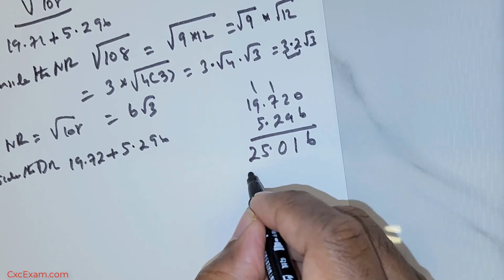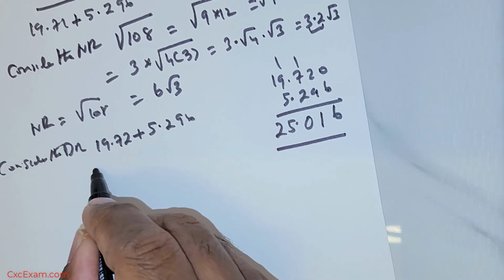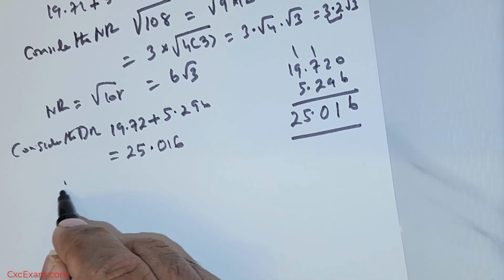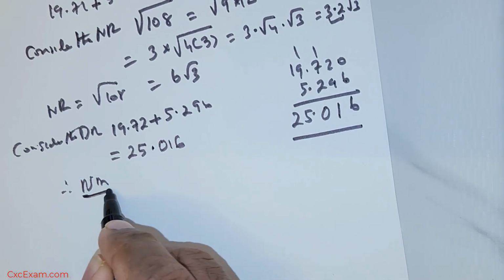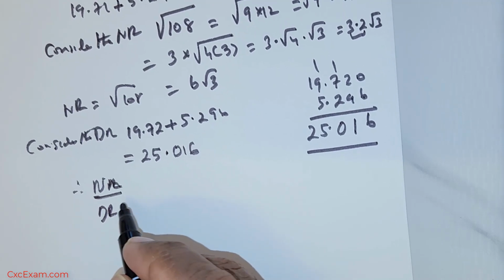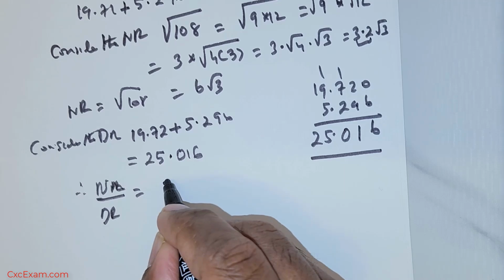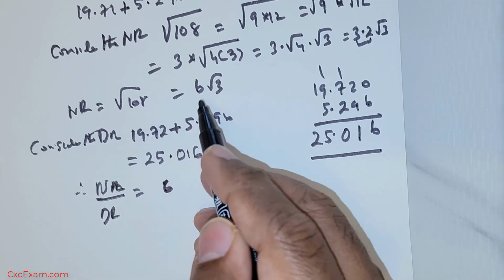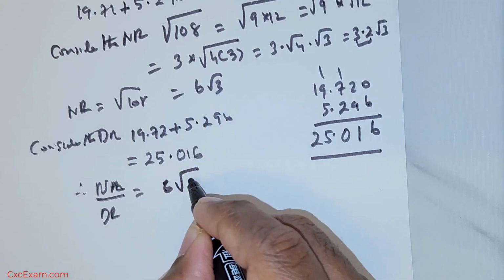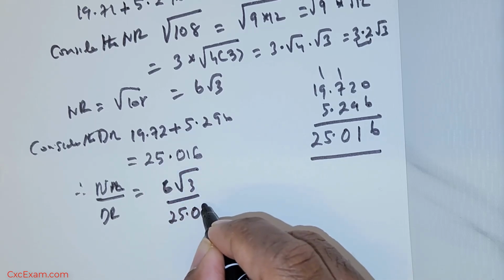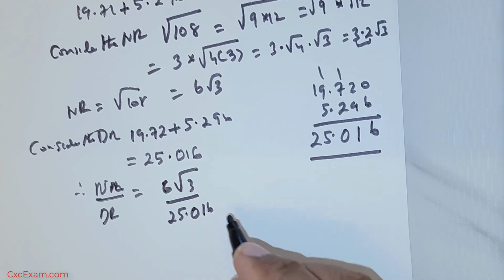You get 2. So this is going to give me 25.016. Therefore the numerator divided by the denominator is, in place of root of 108, 6 times the root of 3 divided by 25.016. So this is what we've got.